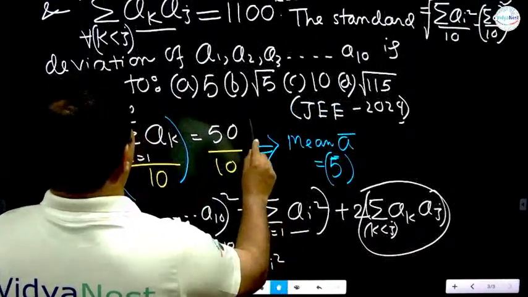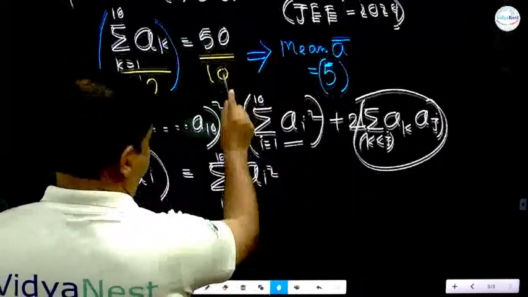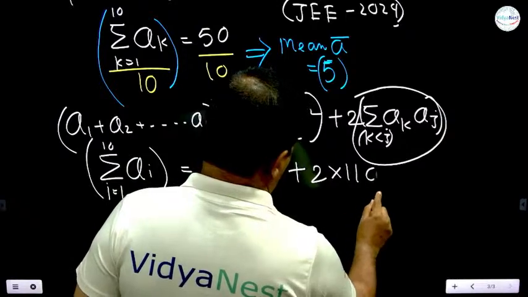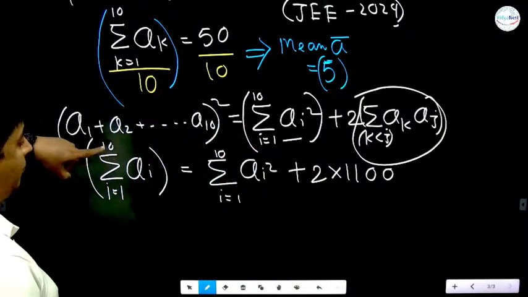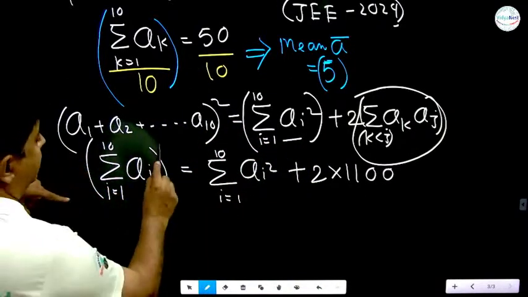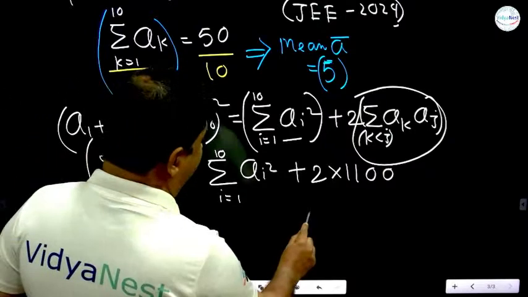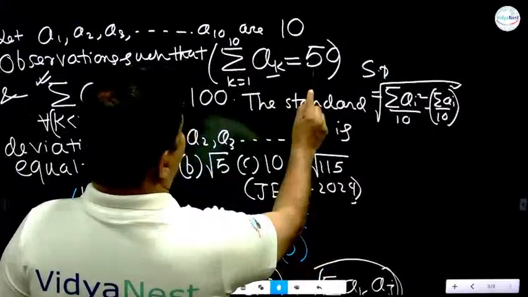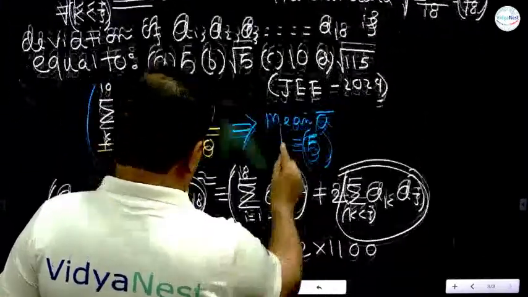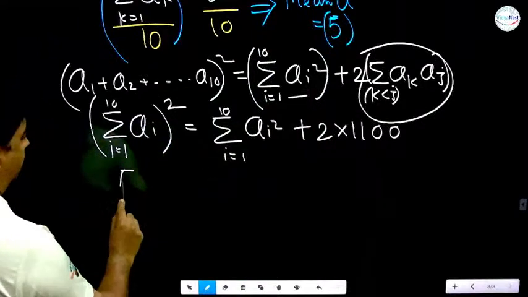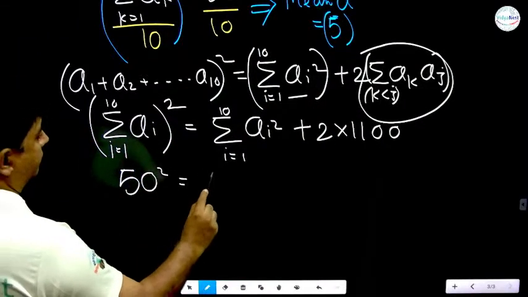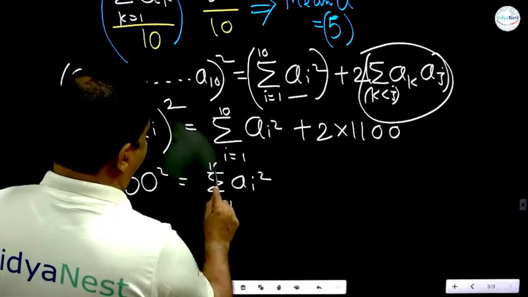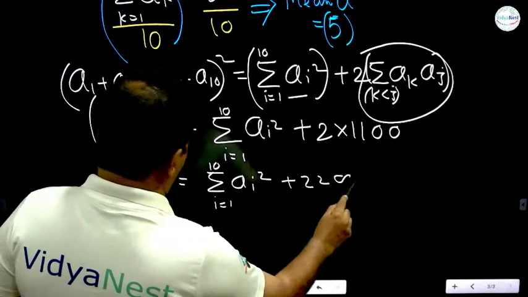What is given? 1100. समेशन ऑफ AI, इसका जो होल स्क्वायर है, इसका वैल्यू दिया हुआ है. Yes, given. That is also given 50. So put here 50 square, that is summation of AI square, i1 to 10, and that is 2200.